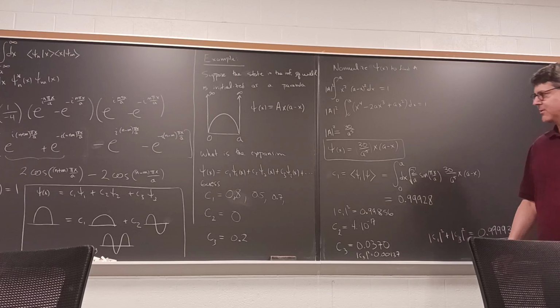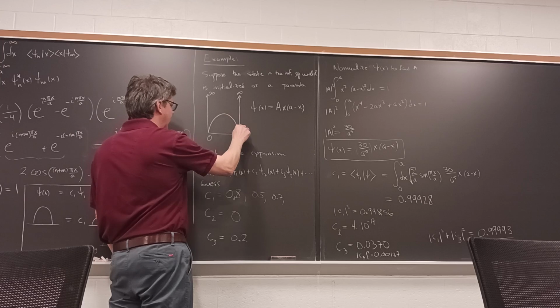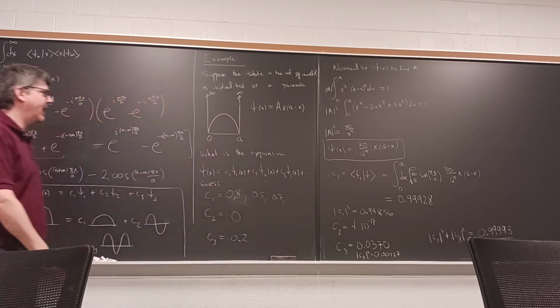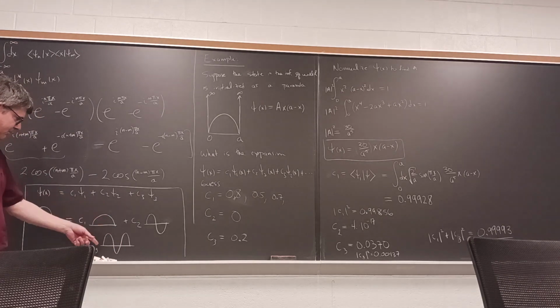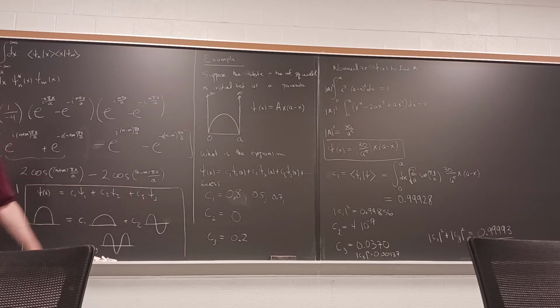So it rapidly approaches 1. The point is that if the wave function looks like this, the decomposition is really straightforward, and you should be able to just look at it and see what you're going to get, basically.